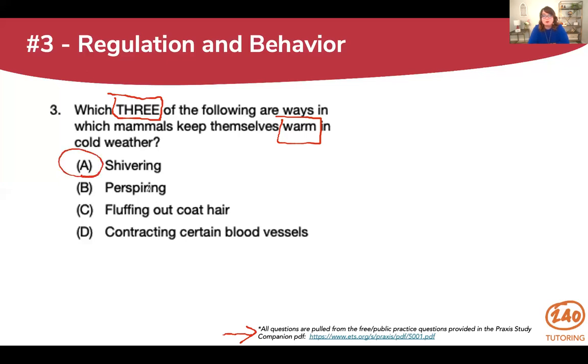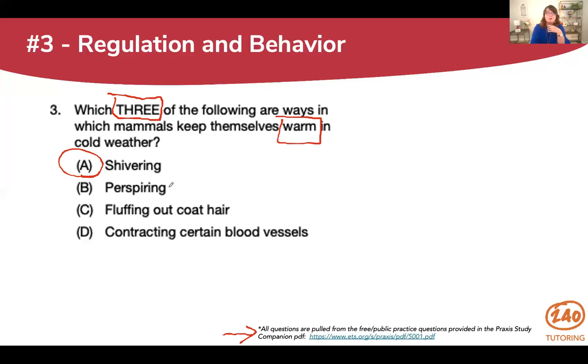Let's talk about perspiring. Perspiring actually helps the body cool, because as the body releases that sweat, energy is absorbed as the sweat evaporates, and it thus cools the body down.